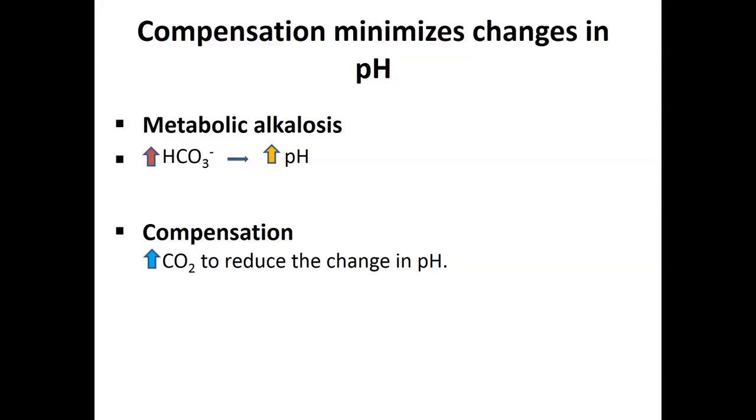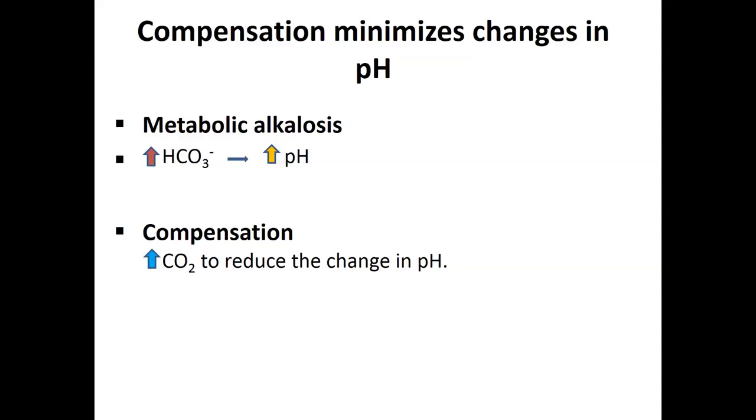Now, the compensation, as I said, when your bicarbonate goes up, the pH goes up, that is compensated by increasing the CO2. So if you have a high pH, the body will suppress the respiration to increase the CO2 level. So that will generate more acid, so your pH will come down.